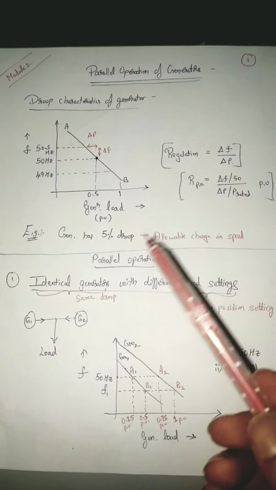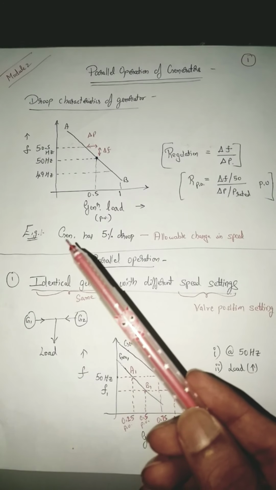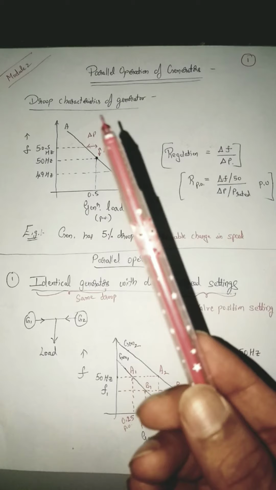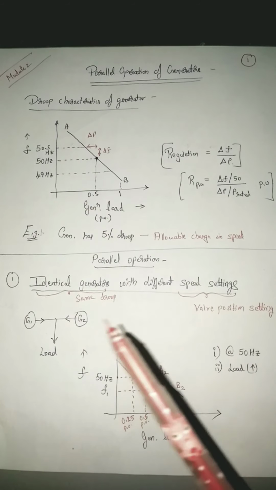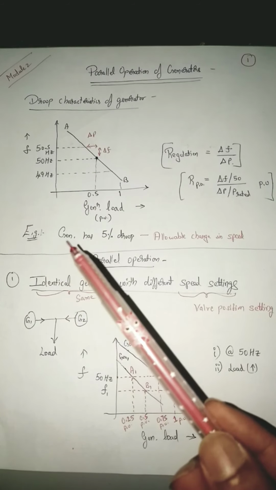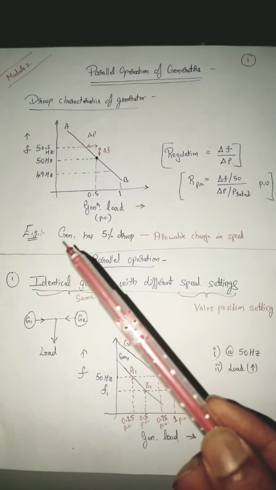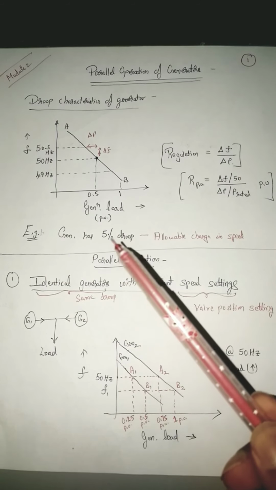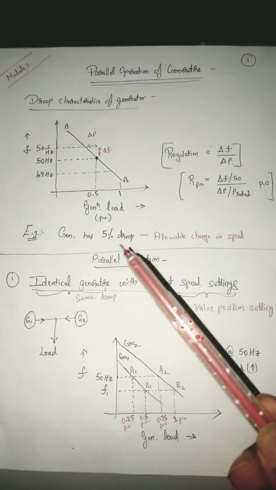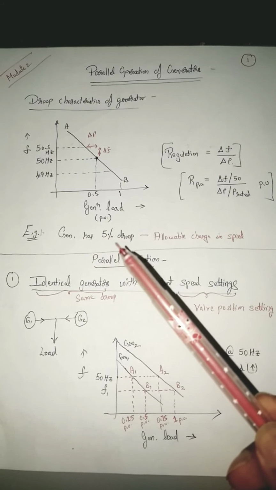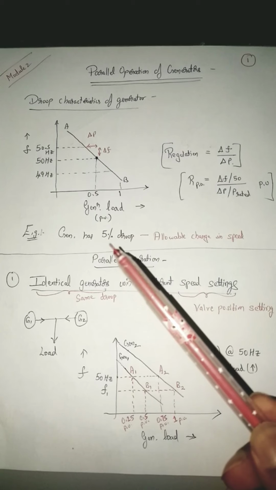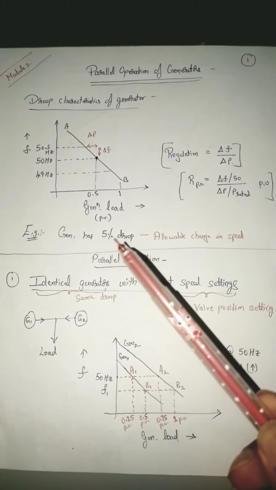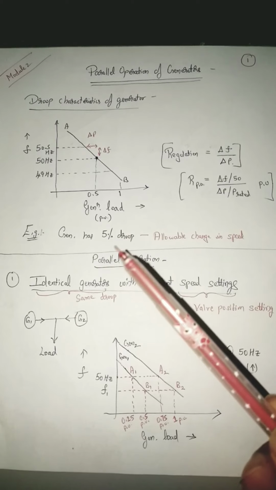Then we have to understand what exactly we mean by droop. For example, we say that a particular generator has 5% droop. A 5% droop generator means the allowable variation in speed of the generator is 5% of the nominal speed whenever there is a change in load demand.